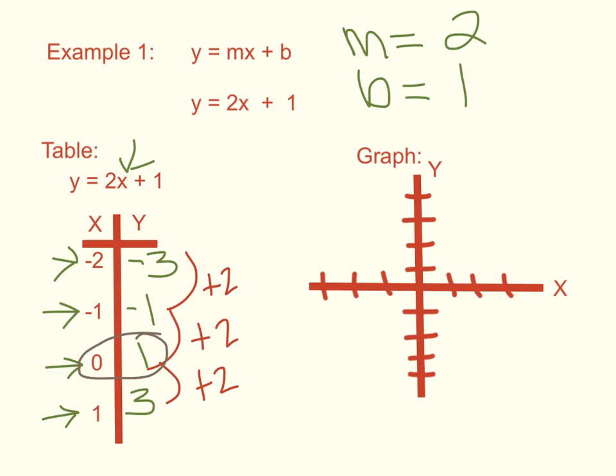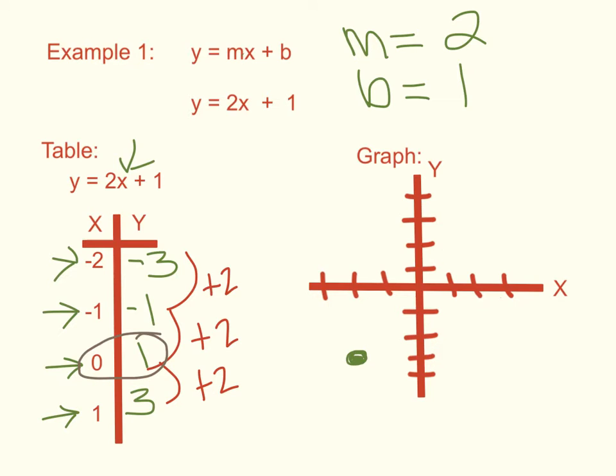Now we can plot our points. Our first point is -2, -3. We look at our graph. When we go over to the -2 on the x-axis and down 3, we can plot our first point. Our second point is -1, -1.